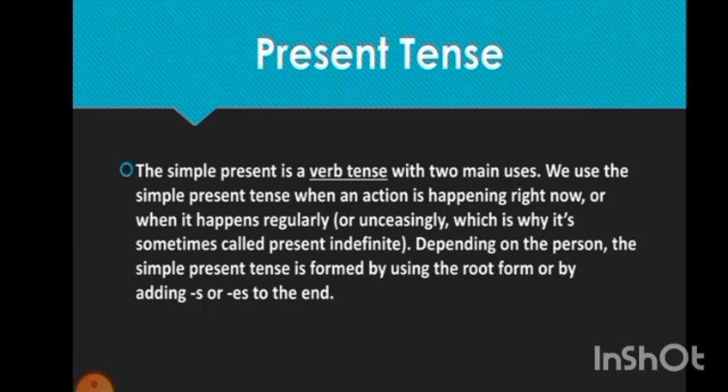Depending on the person, the simple present tense is formed by using the root form or by adding s or es at the end. We change the form of the verb by adding s or es.